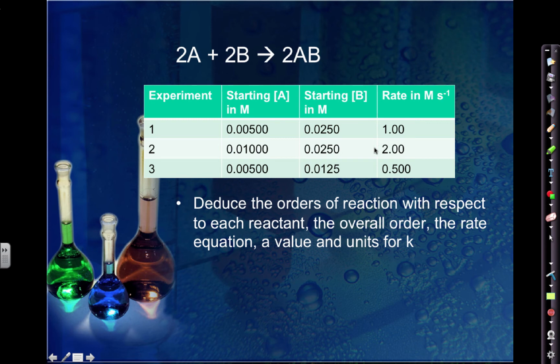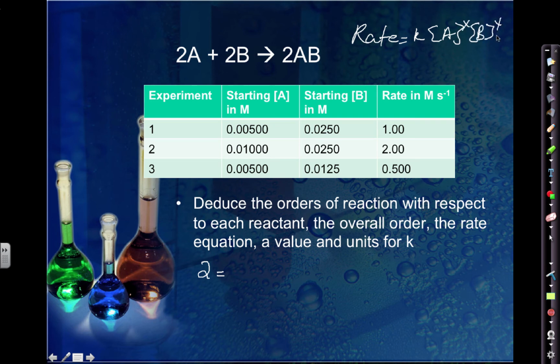So I like to pick the bigger rate to go on the top. So let's look at experiment 2 first. So experiment 2, the rate is equal to 2. Remember, I'm using this. Rate is equal to K times the concentration of A to the X power.